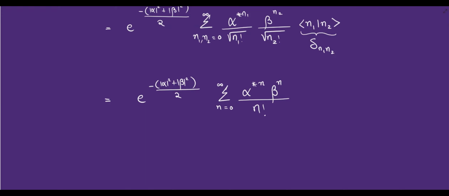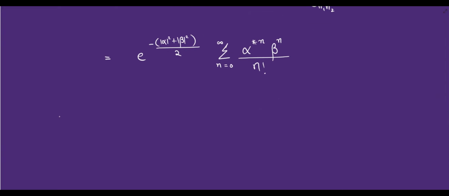So I write this as n1 is equal to n2 is equal to n, and from there using the Kronecker delta property, I can write it in this form.